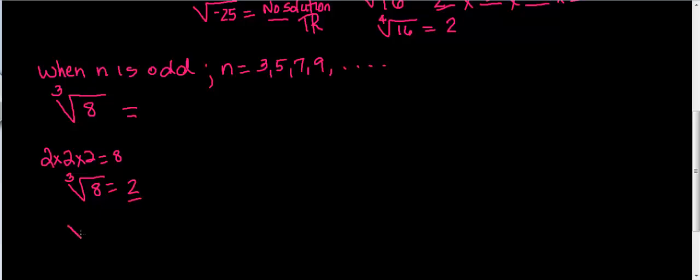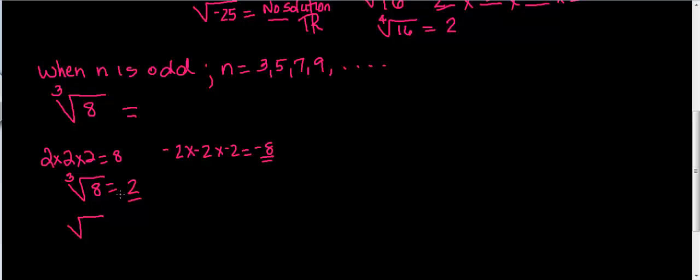When n is odd, I can't say this is plus or minus 2. Okay? Because if I use negative 2, look at what happens. Negative 2 times negative 2 times negative 2 is negative 8. So I can't say that this is equal to plus minus 2 because it isn't.